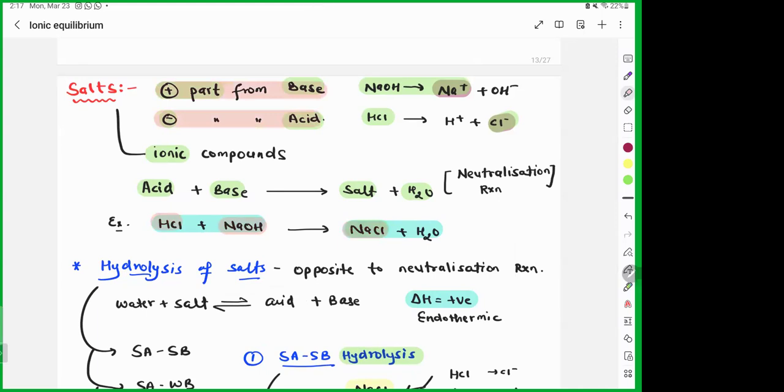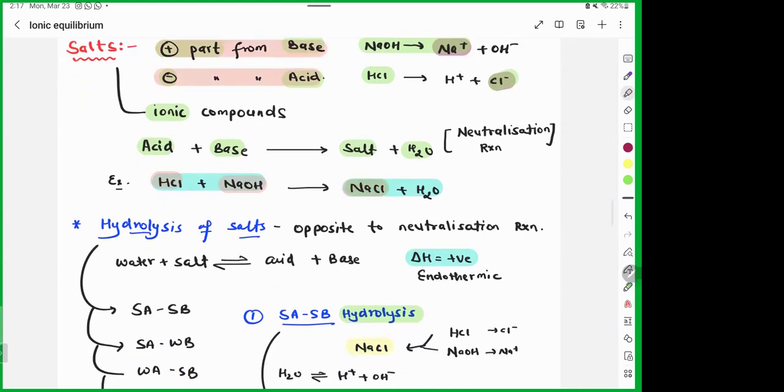When you do hydrolysis of salt, it is the opposite of neutralization. In neutralization, acid and base together form salt. In salt hydrolysis, salt will react with water and break into acid and base.